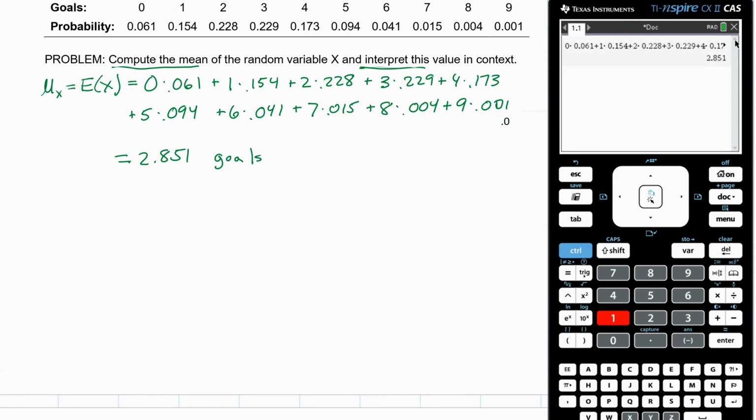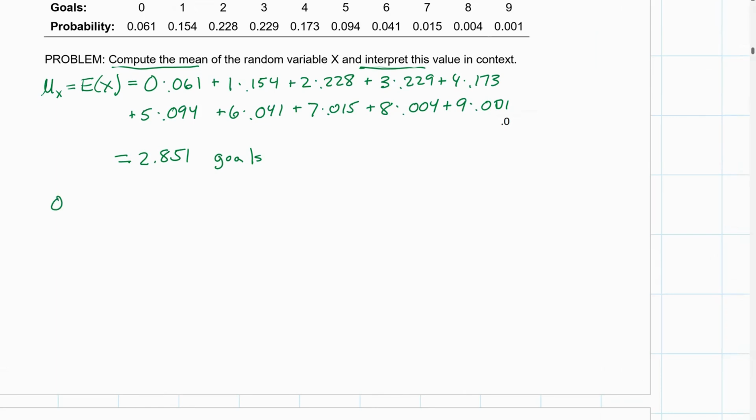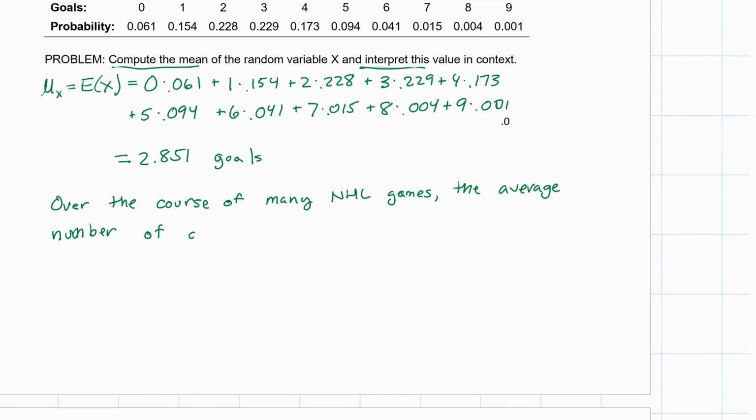It means that over the course of many NHL games, the average number of goals scored is 2.851 goals.